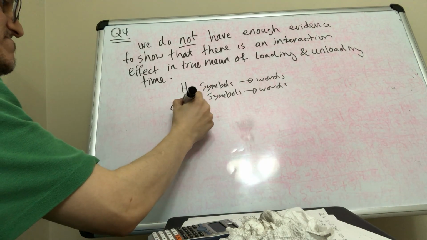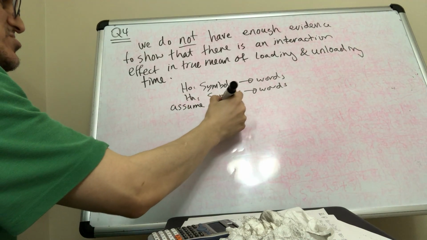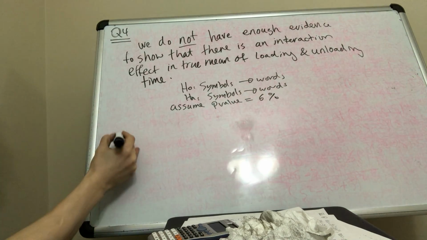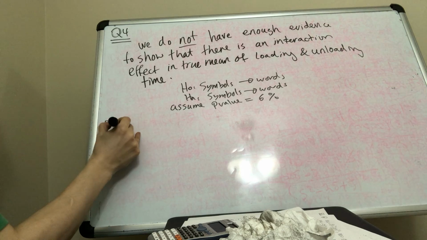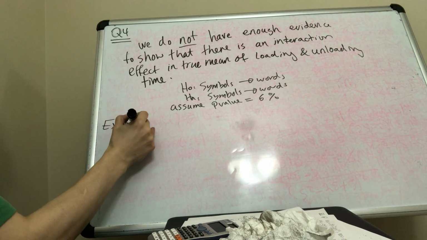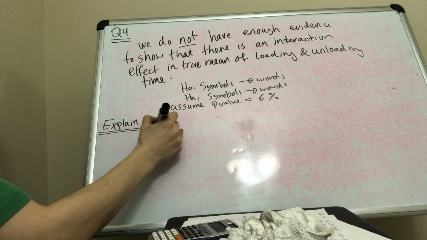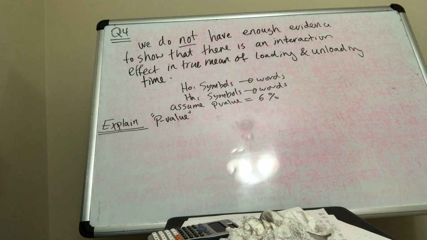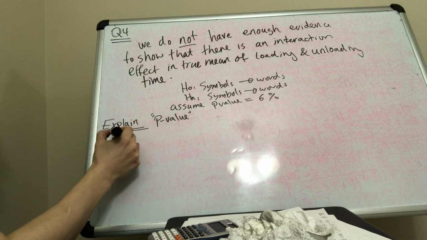Now assume you do the p-value and it's about 6%. How would you explain what this p-value is? The way you explain p-value, you say this.